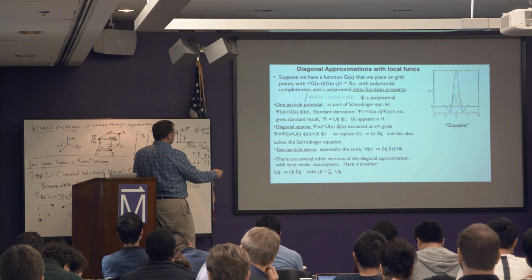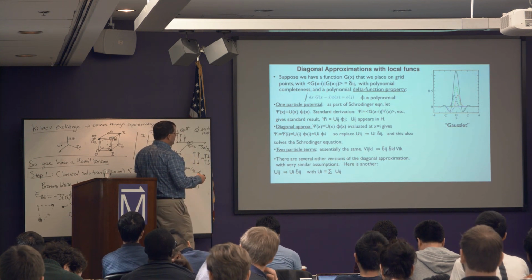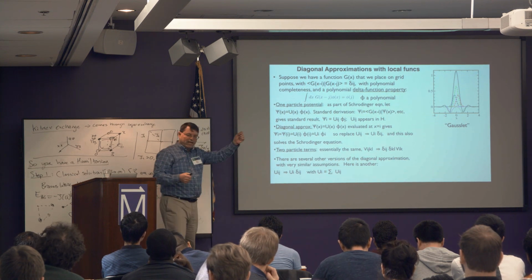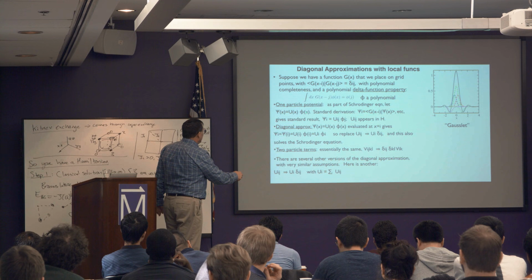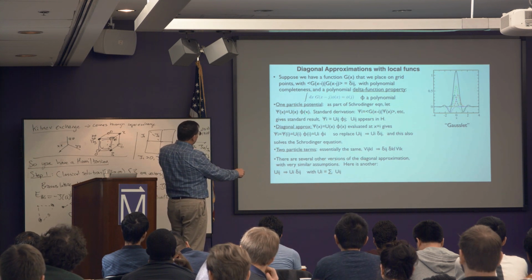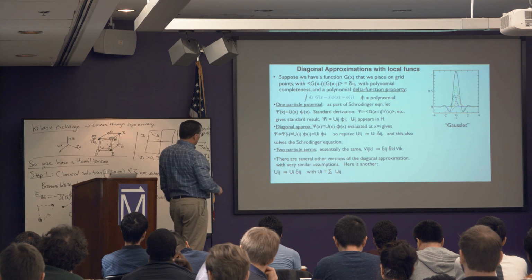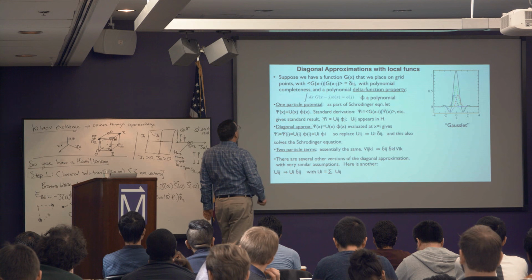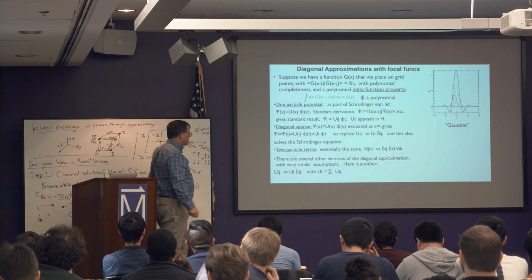Let's just look first at the one particle potential, because that's a little bit easier. So we have a one particle potential u of x, and if we threw that into the Schrodinger equation, we might have a wave function times h. A part of it is u times the wave function, which gives another wave function. And we want to get this piece right for arbitrary smooth functions.